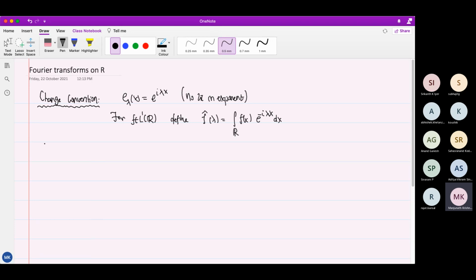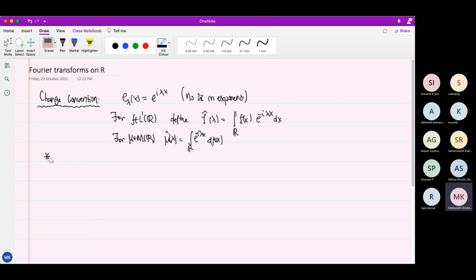Various things which I said are going to remain. And for mu in M of R, which means finite measures, mu hat of lambda is going to be defined as the integral of e to the minus I lambda x d mu of x.